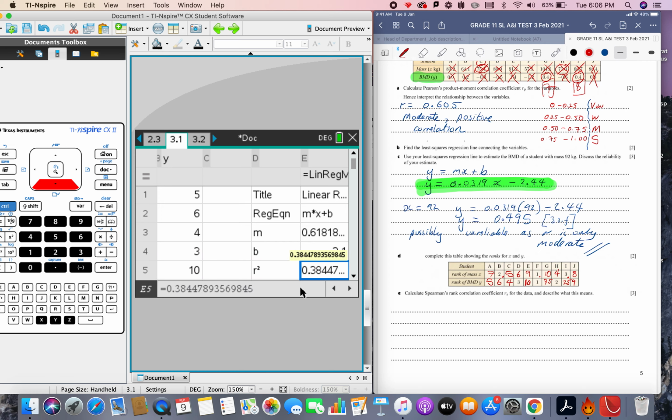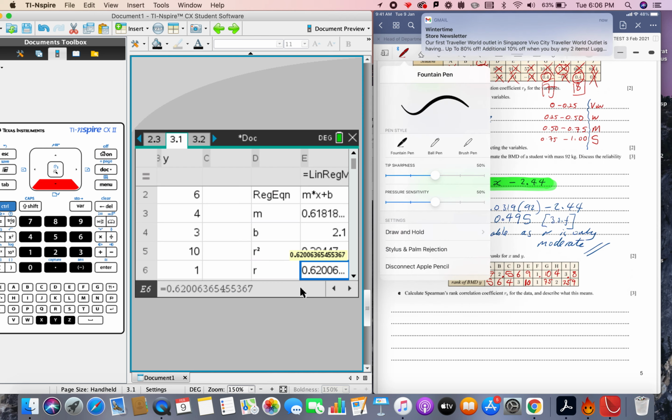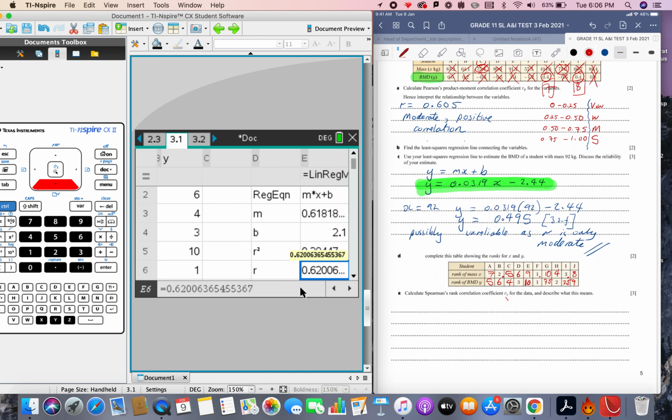Let's see what's happened to the R value. So the R value here is 0.620. So previously, I'm going to put R of S, Spearman's, and R of P for Pearson's, 0.605.